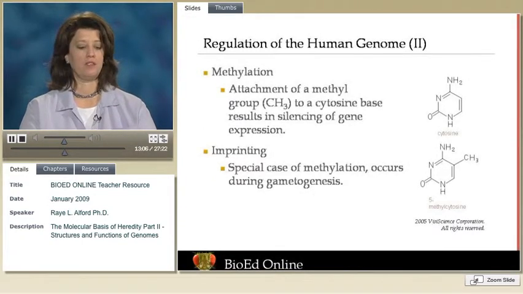Methylation is another mechanism of gene regulation. In methylation, portions of the DNA molecule, particularly regions of the DNA that can control transcription, are chemically modified through the action of enzymes called DNA methyltransferases. DNA methyltransferases attach a methyl group to the 5th position carbon of cytosine bases, typically when cytosines occur in the context of CG dinucleotides.